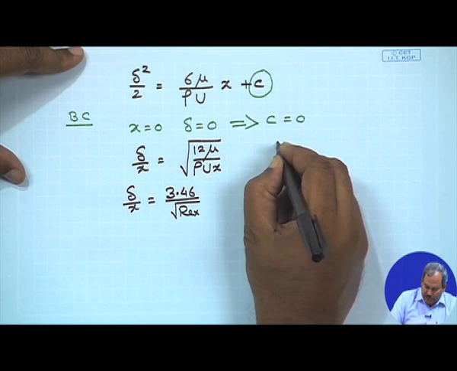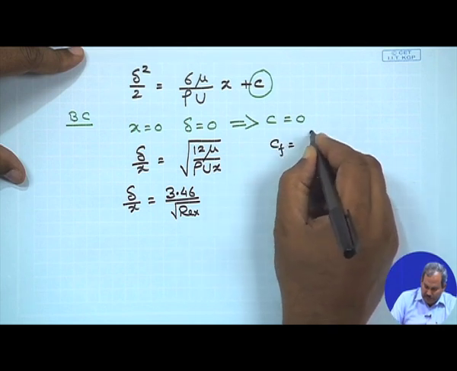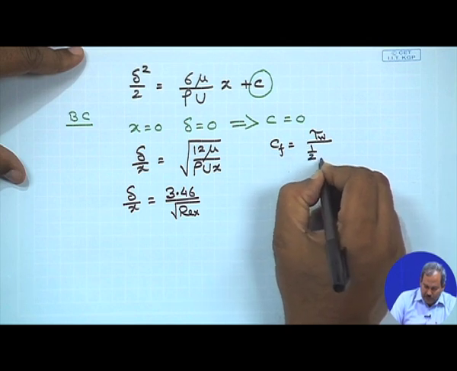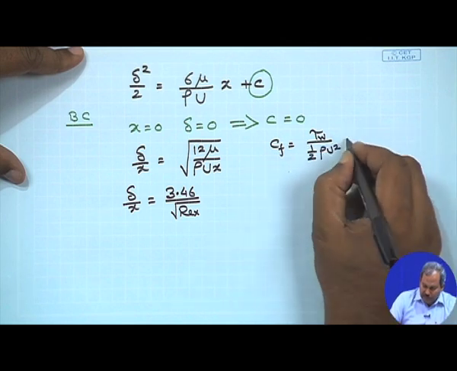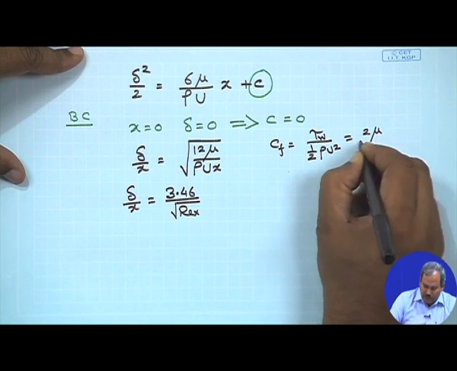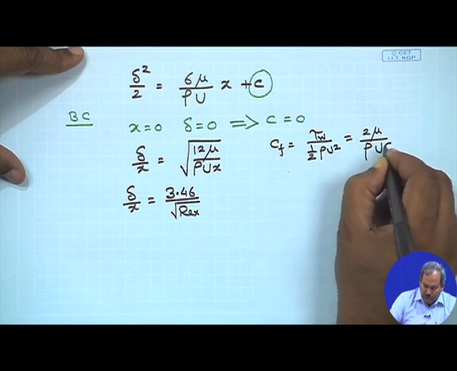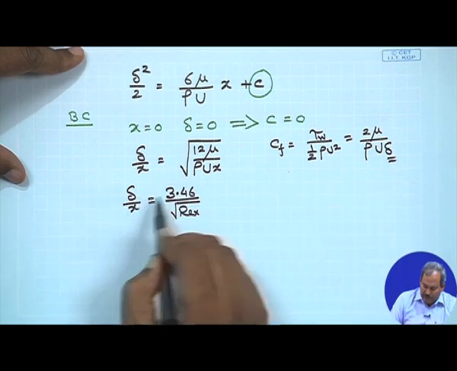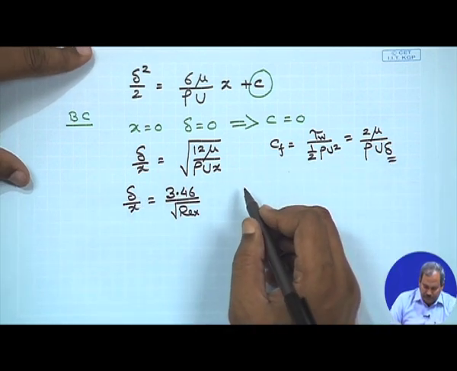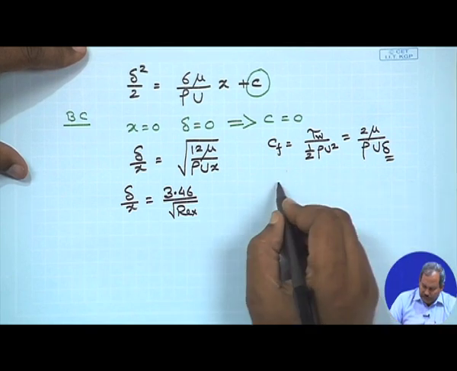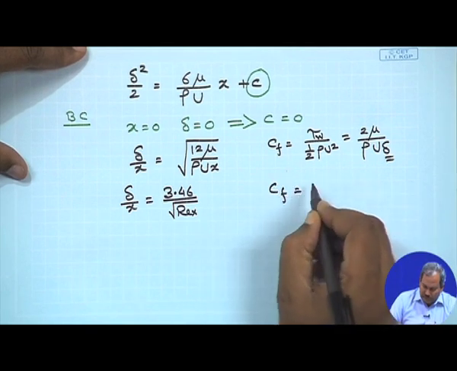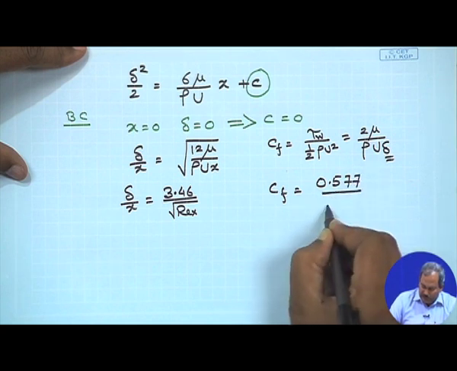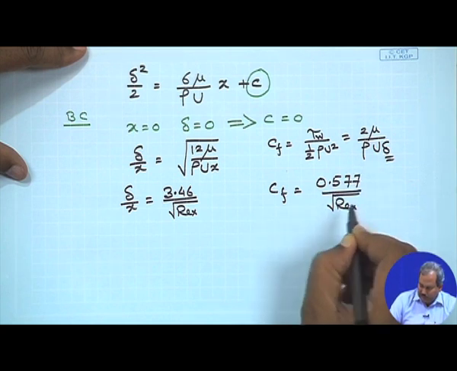Similarly, if you find the expression for Cf by definition, which is tau w by half rho U square, this would be 2 mu by rho U delta, and when you put the expression for delta from here into this, you would get Cf equals 0.577 by root over Re x.